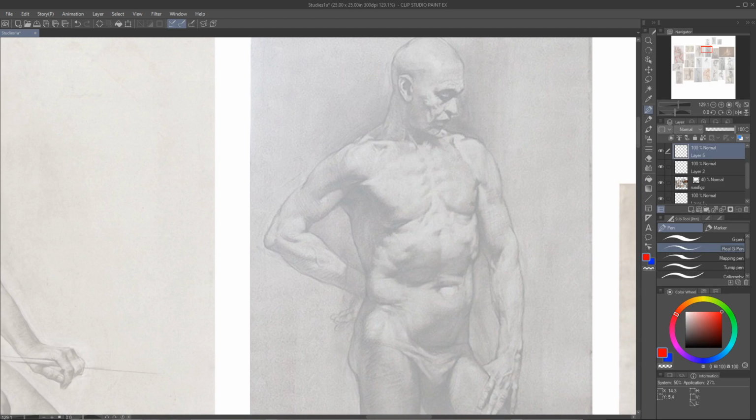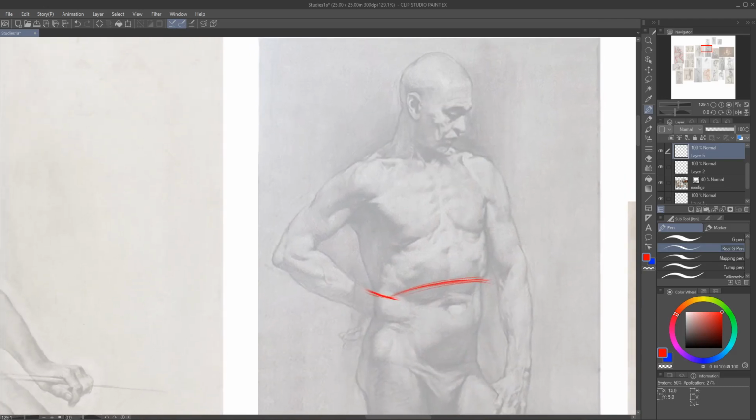Oh, I can tell what angle his rib cage is by looking at that, and I'm doing this in 3D space. Oh, and I can kind of tell that I can see the side of his torso here. So there's kind of that going on here too. Oh, and I can see the center line of his torso here.